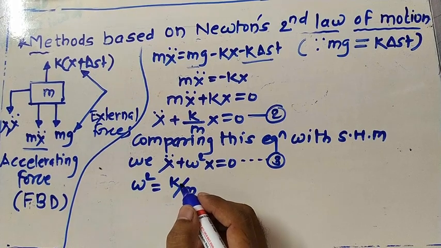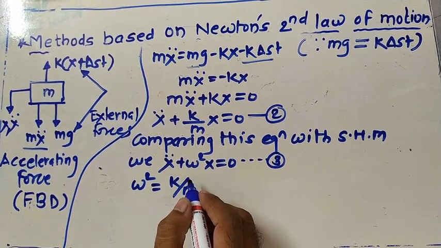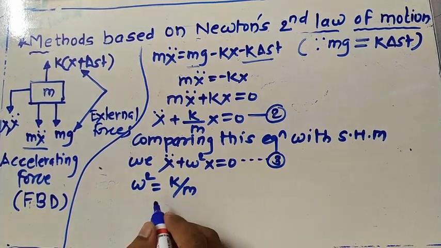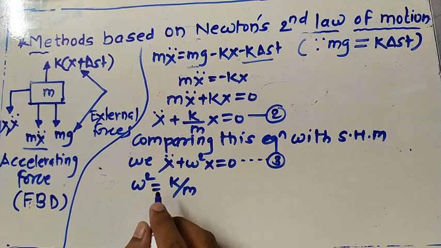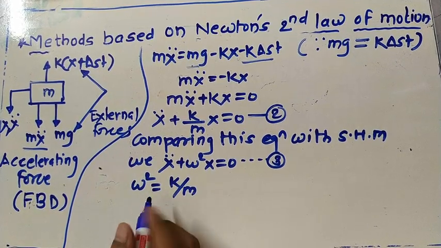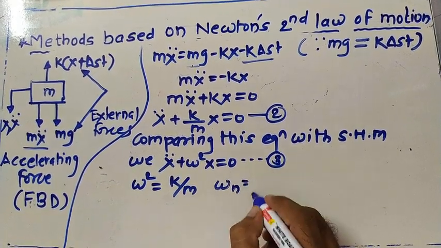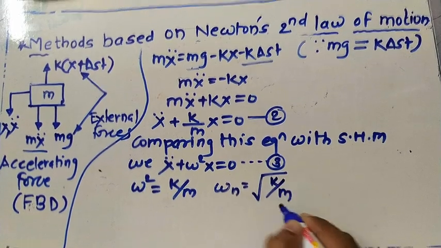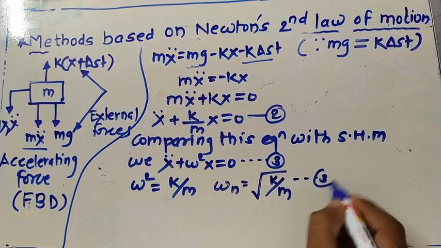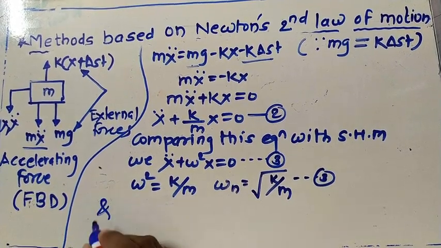In this analysis damping is not considered, hence omega, which is the resulting frequency due to the disturbance, represents the natural frequency of the given system. So I'll write omega n equals to square root of k divided by m, equation number 3. Also we know the meaning of time period.